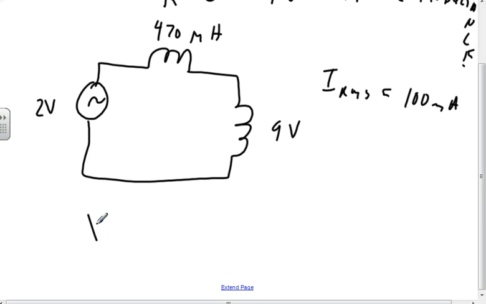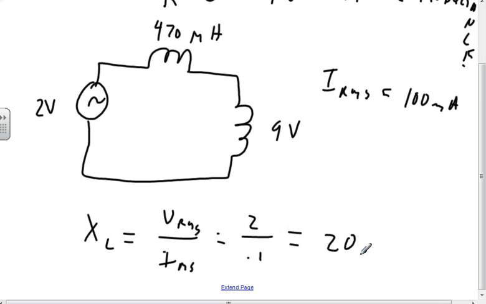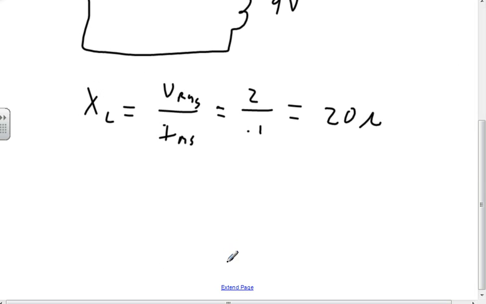So X of L has to equal voltage RMS divided by current RMS. 2 divided by 0.1 is 20 ohms. So X sub L total is 20 ohms.